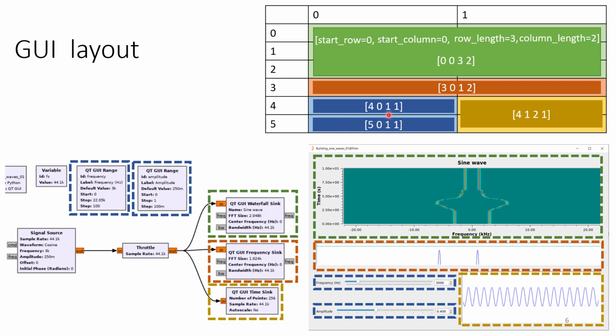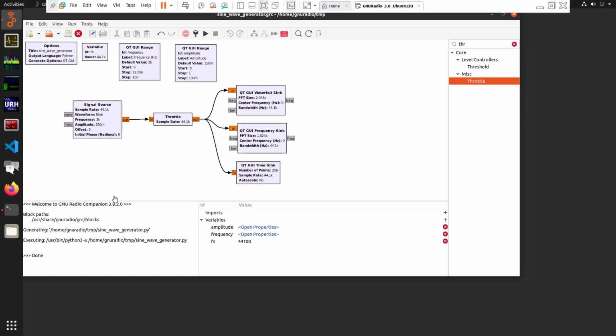We take these numbers and we're going to go back to our GNU Radio flowchart, and we're going to enter this information into each of the GUI hints for the components. So now we're going to add the GUI hints so that GNU Radio knows how to plot the display.